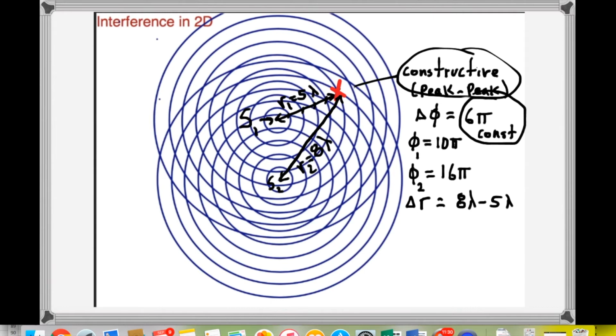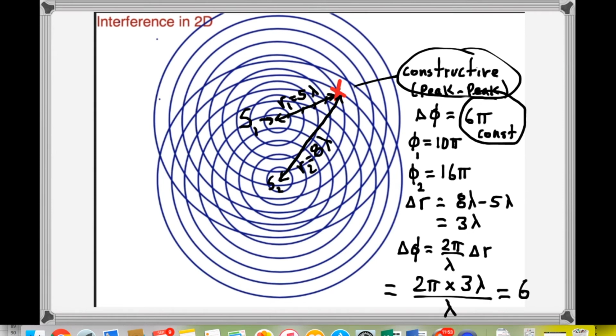A difference in path length of 3 lambda is equivalent to a difference in phase of 2 pi over lambda times delta r. That's one of the equations that we discussed in previous videos. So if delta r is 3 lambda, that gives us a difference in phase of 2 pi times 3 lambda divided by lambda, cancel the lambda, that gives us 6 pi. And the difference in phase is 6 pi, as we have already found before.